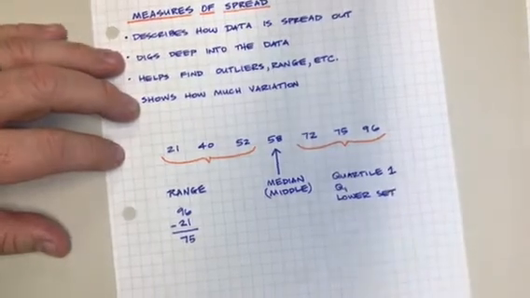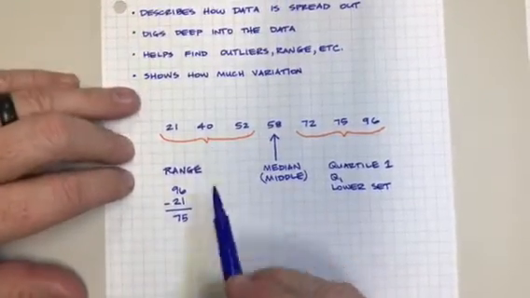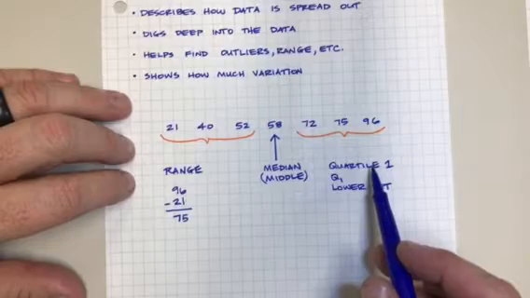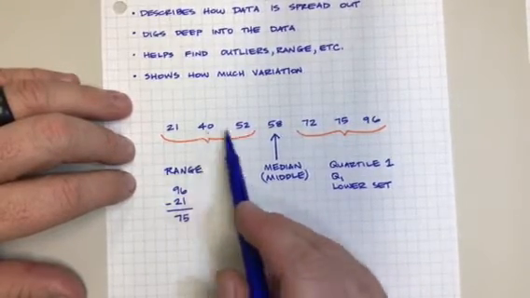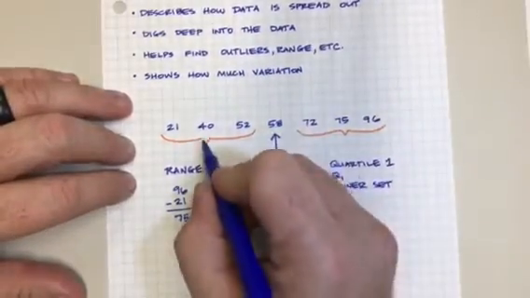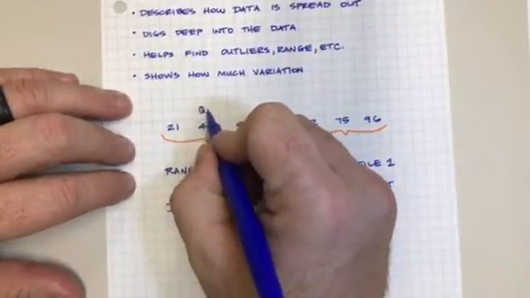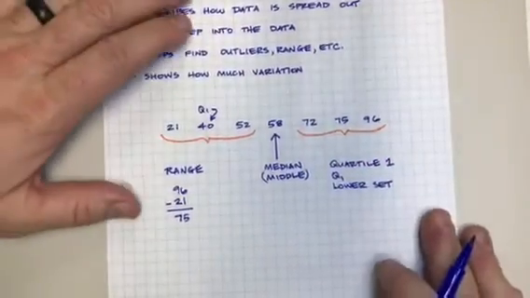Okay, the lower set of data. And so that's obviously this piece that we've broken up over here. And Quartile 1 is the middle of that lower set. And since there's 3 numbers in that lower set, we can see that this right here, Quartile 1, okay, is 40 because that is the middle of that set.